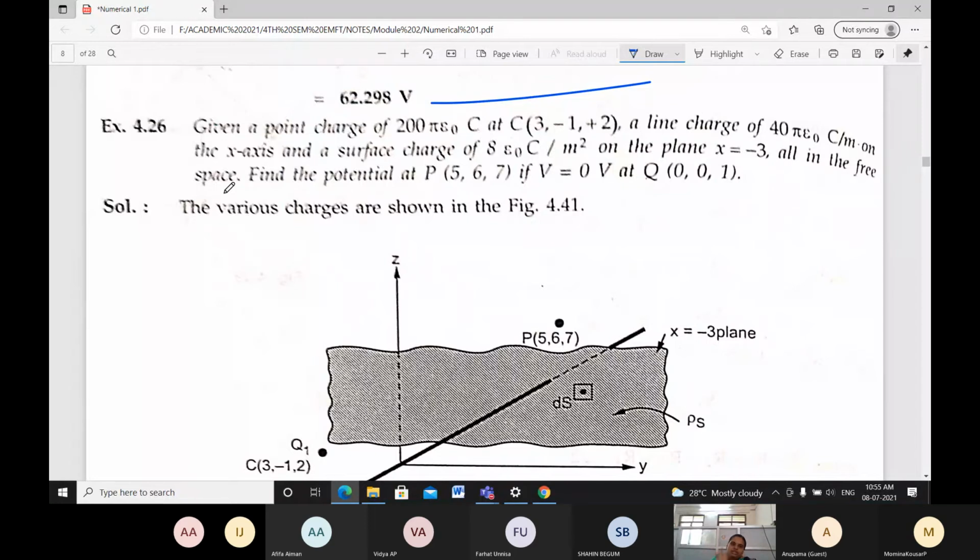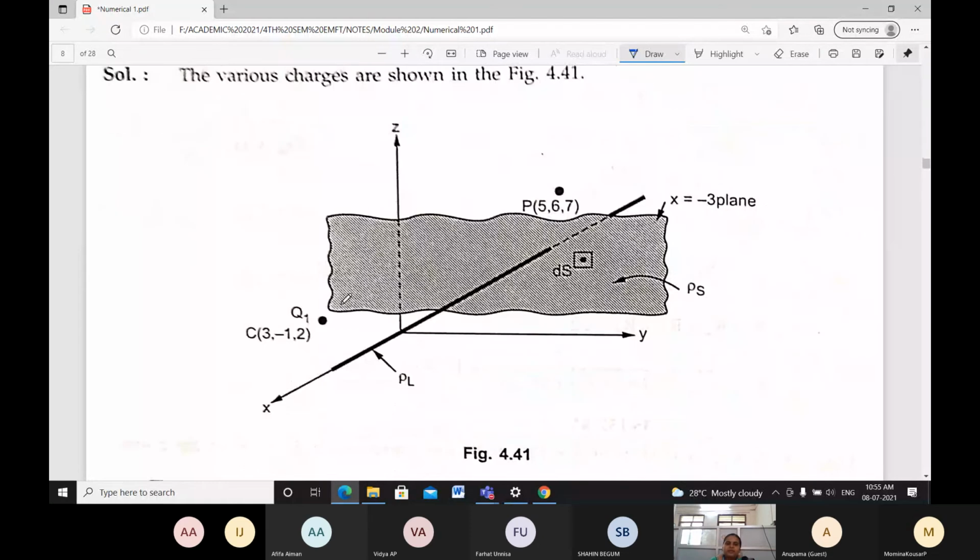Whatever the point charges are, they are placed in free space only. In this, find the potential at P. What is the value here? Its location is given as 5, 6, 7. Then V is going to be 0 at Q, 0, 0, 1. This is the given information for us.